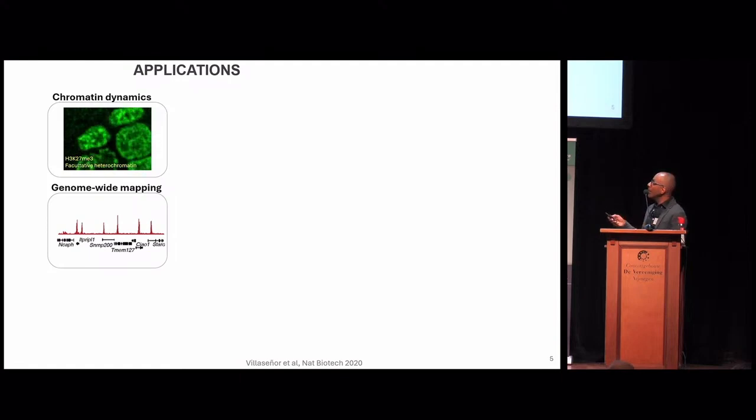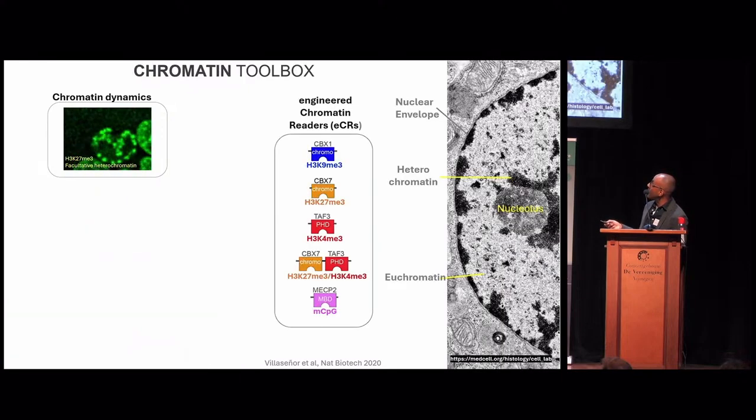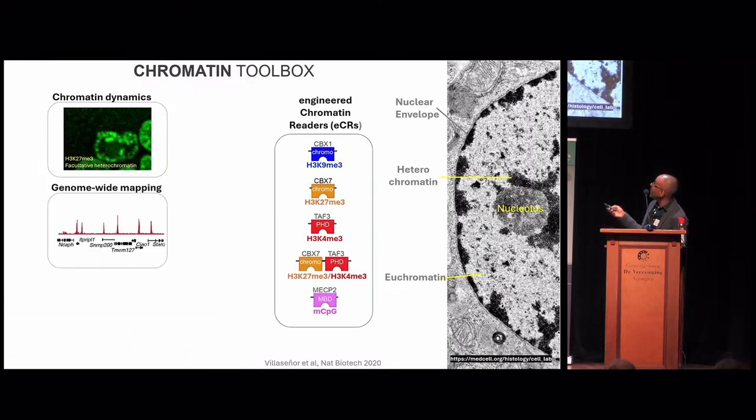But finally, what we have successfully used these ECRs for is to assess the proteome composition around these specific marks. You can ask what the proteins around different chromatin modifications are, for example, in heterochromatin and euchromatin, and what the regulators recruited with the use of these readers are. So we believe that this is an important toolbox for understanding basic and fundamental aspects of chromatin biology.